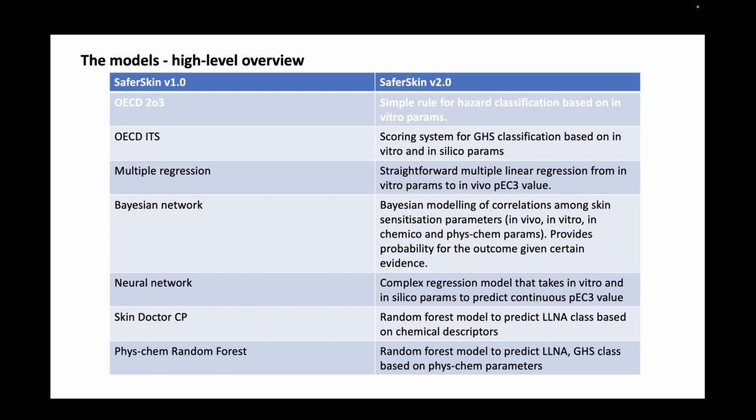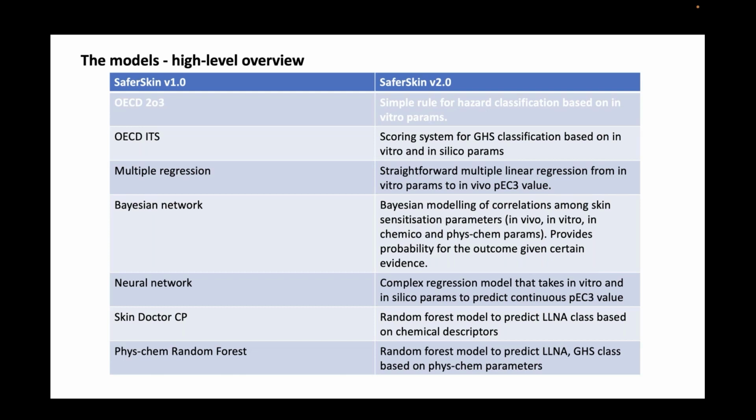And evidence is very flexible. You can provide just in vitro parameters or in chemico or all together. And then the probability of the final outcome, so the in vivo outcome, changes based on the evidence that is provided. So this is one of the advantages of this approach, that it gives you confidence and it is flexible with the inputs that you provide.